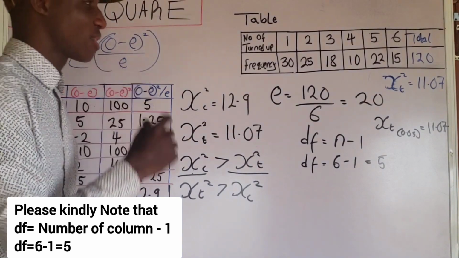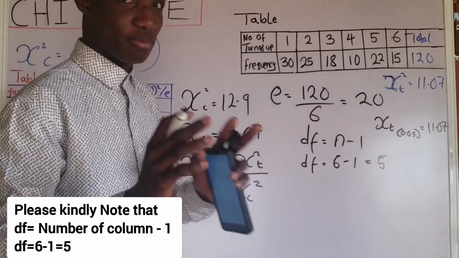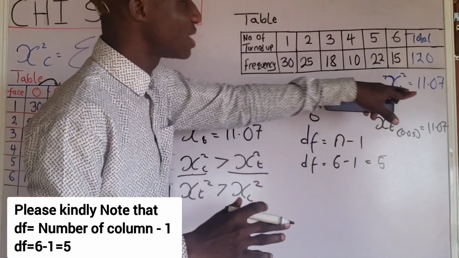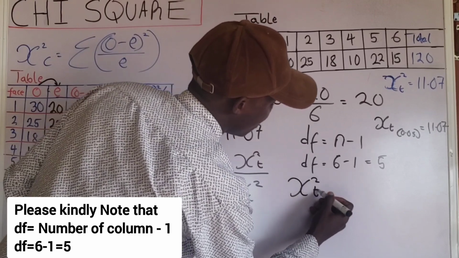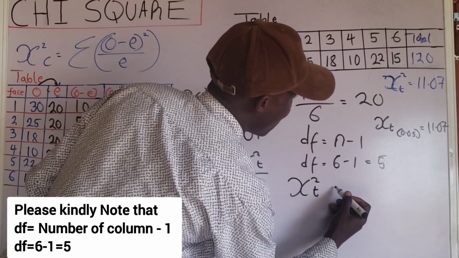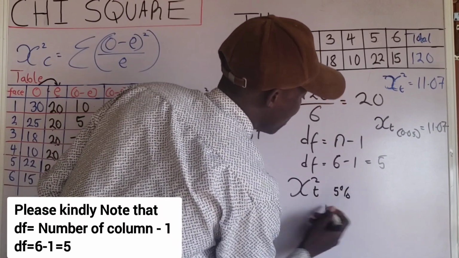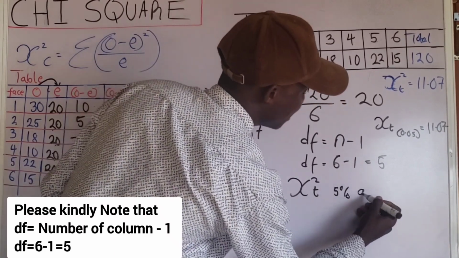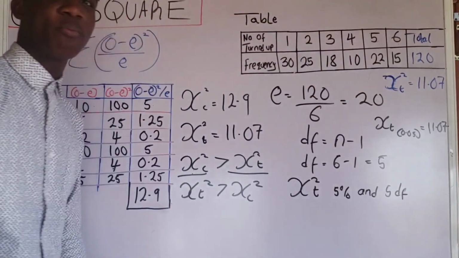Now, the critical value that we are given is at the 5% level of significance and 5 degrees of freedom. Now let's go back to our table.